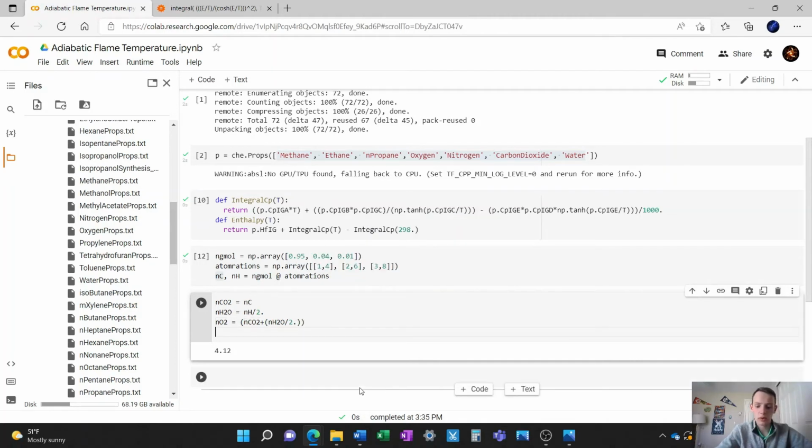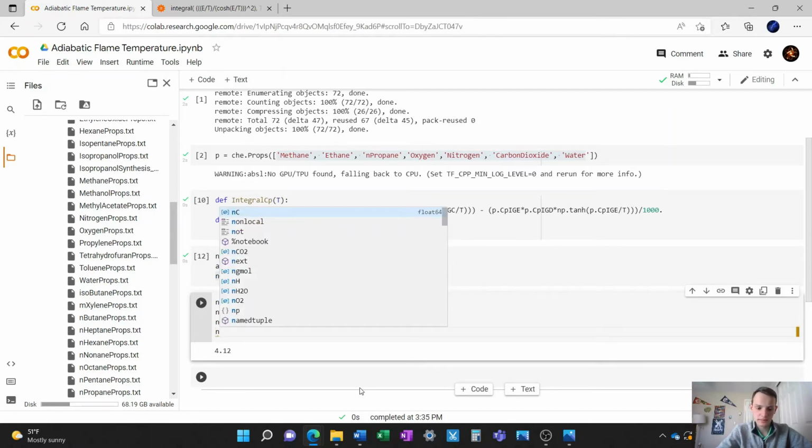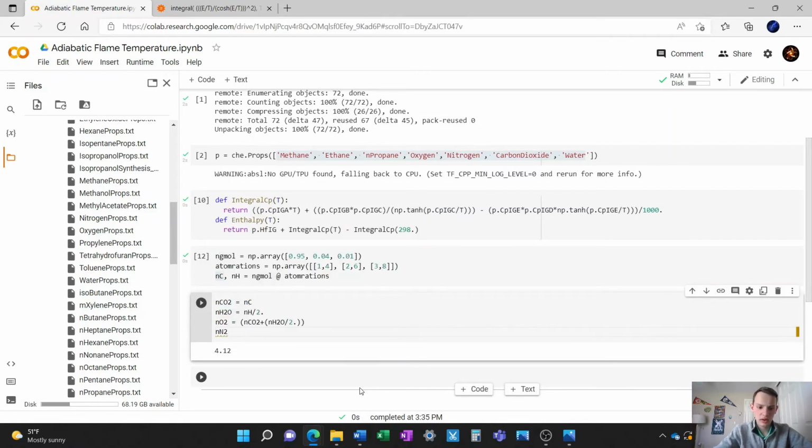Excellent. Okay, now we have the number of nitrogen molecules, and that is simply going to be equal to 79 divided by 21 times NO2, and just to be safe, I'll put these in parentheses.